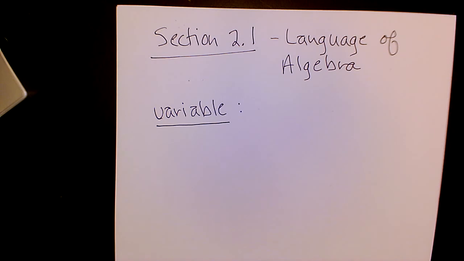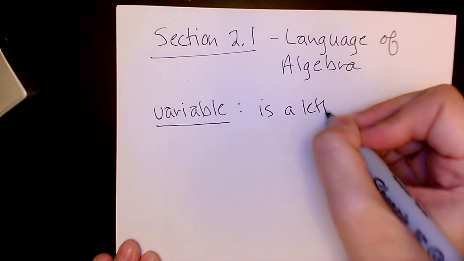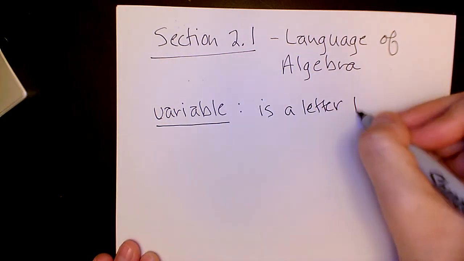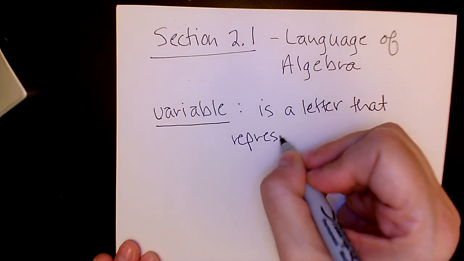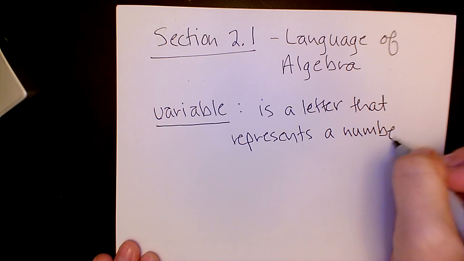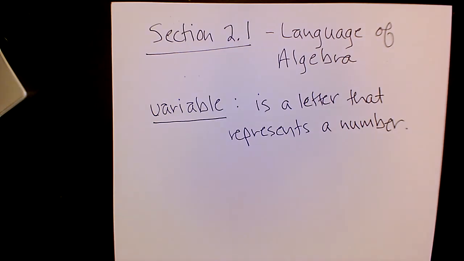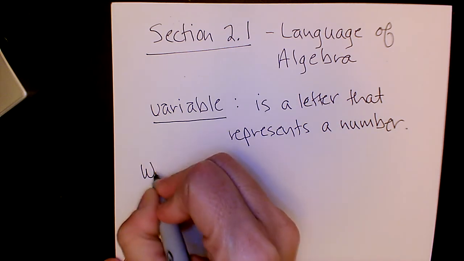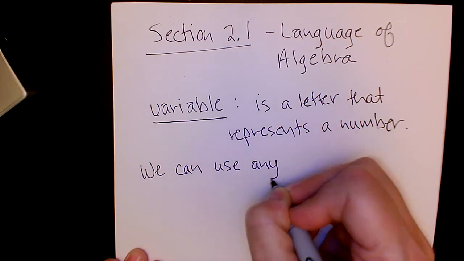So in algebra, a variable is a letter that represents a number. Sometimes we know what the variable is, oftentimes we don't know what the variable is. And we can use any letter.